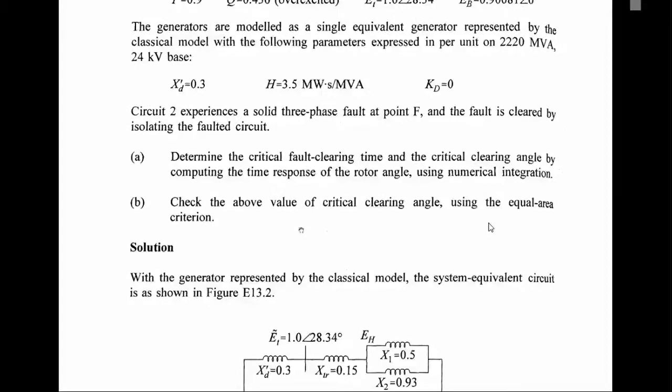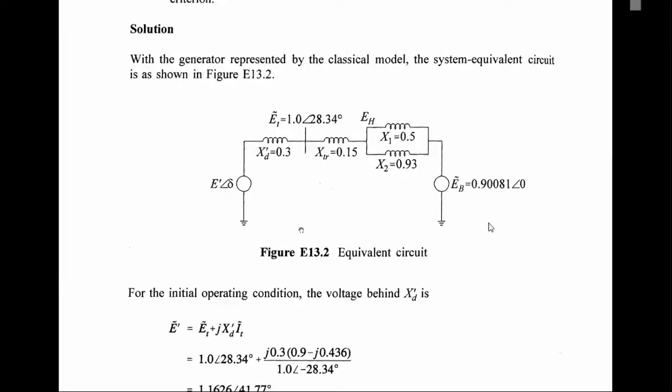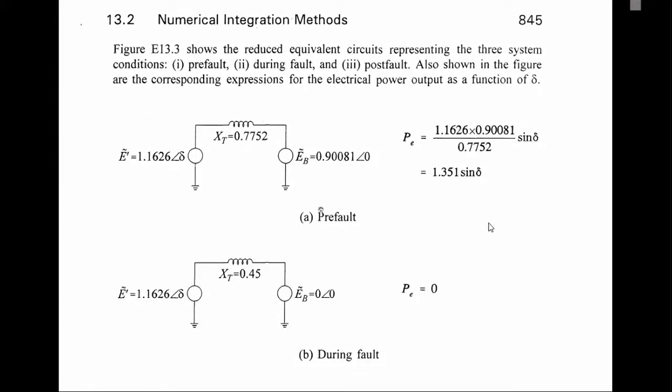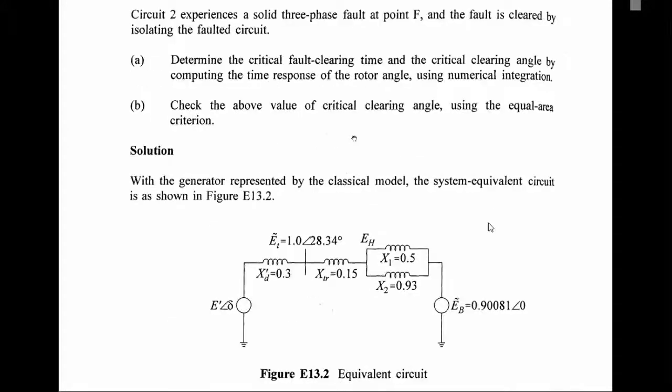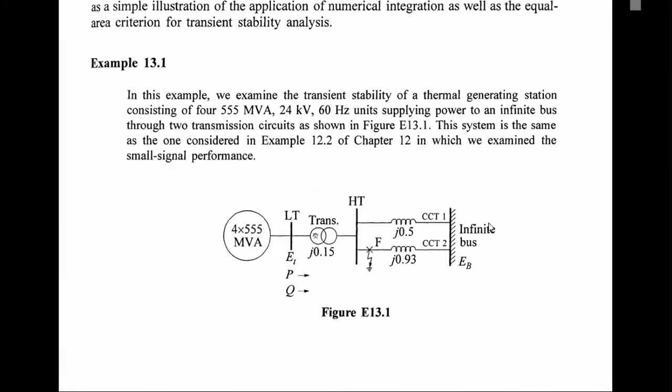So we need to find the power at different conditions. What is the electrical power flowing through this transmission line from the single machine before the fault, during the fault, and after the fault.